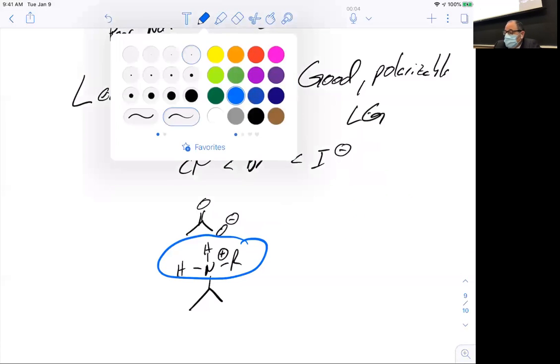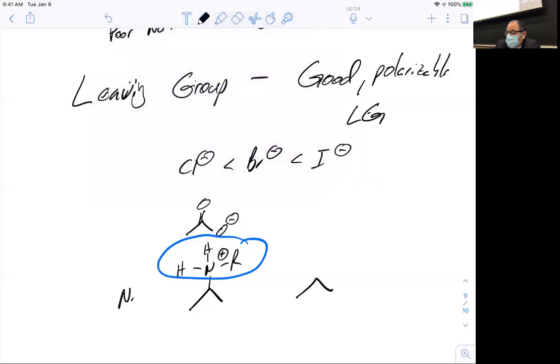Because when it leaves, what I get is a neutral species. And biologically, you see a proton transfer to make something a better leaving group. You see that alkylation to make something a better leaving group. So we want a good leaving group, right?